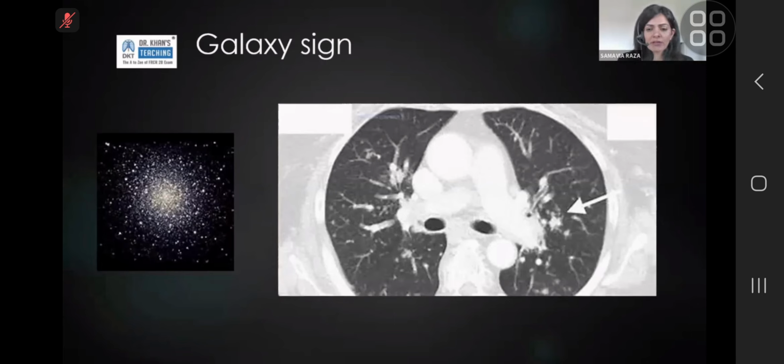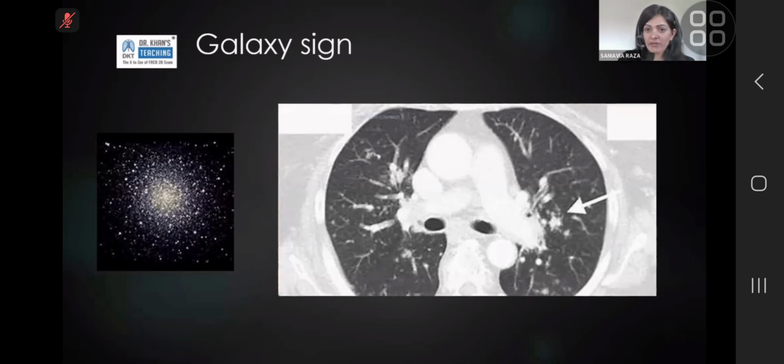And what you're talking about on CT is you can see diffuse nodularity throughout the lungs, but when you see a collection of nodules tending to conglomerate in an area, or you can have a more dense looking, almost a nodular consolidation in the middle and smaller nodules around it, it almost looks like a galaxy of stars. And that is what was traditionally described as the galaxy sign.